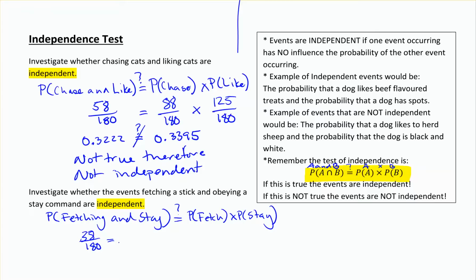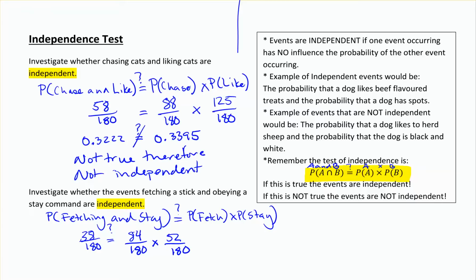There was a total of, I forget which was which, but one of them was 84 out of 180, and the other one was 52 out of 180. So it doesn't matter which order you write them in necessarily because they're timesing. But we're going to test again to see if this is true.